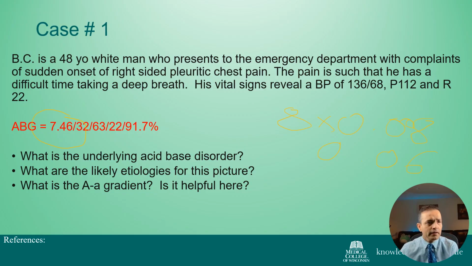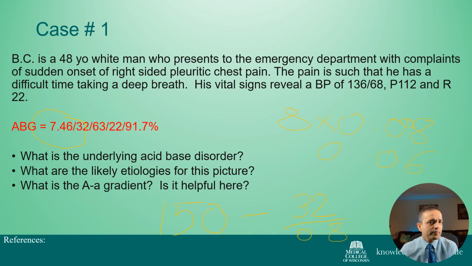So big A, as you all know, is 150, because this patient is on room air, and then you are going to divide PCO2 by 0.8. How much is PCO2? PCO2 is 32, and you divide that by 0.8, which is going to be 40.